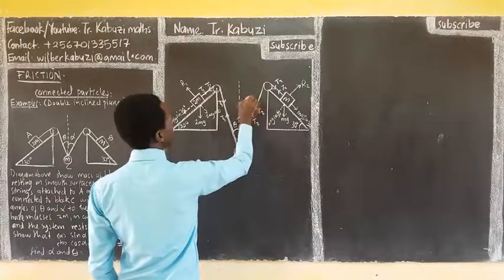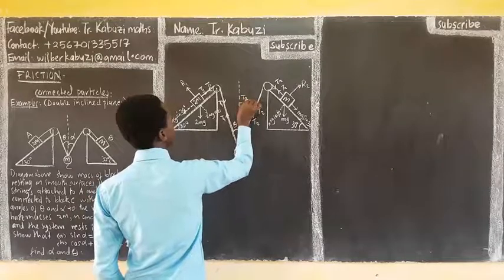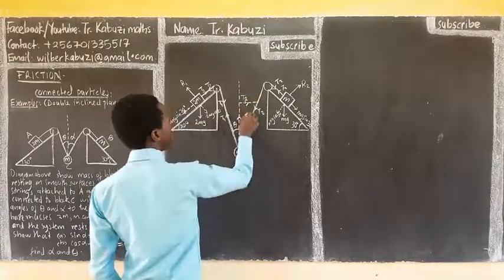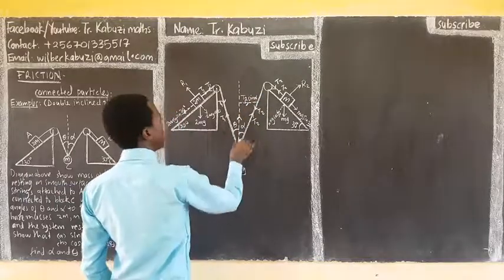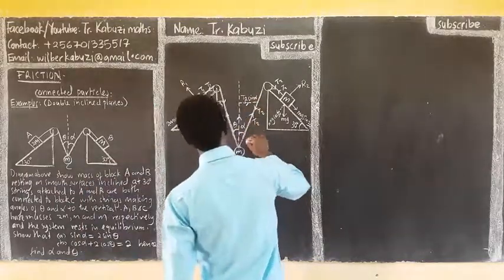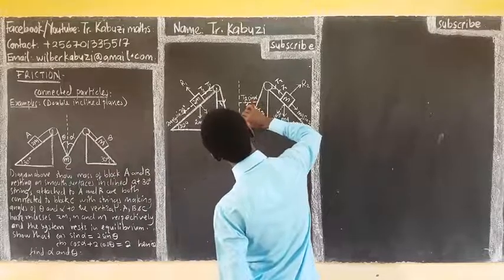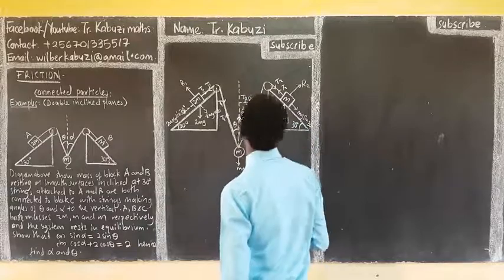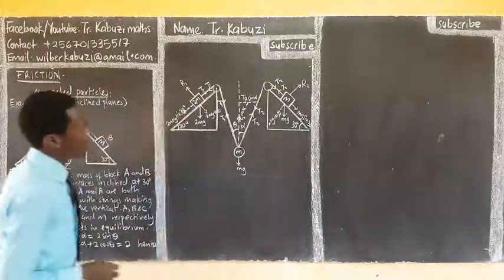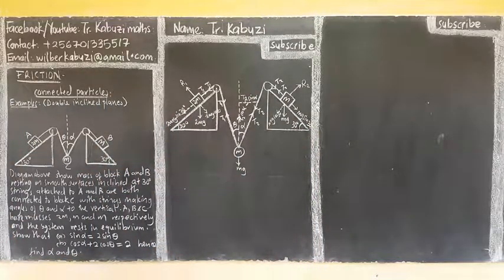So this one being opposite, this will be T2 sine alpha. And then this vertical force here will be T2 cos alpha.